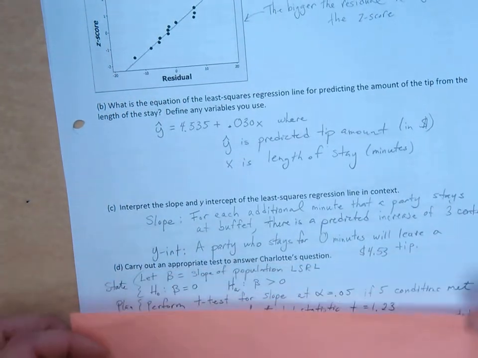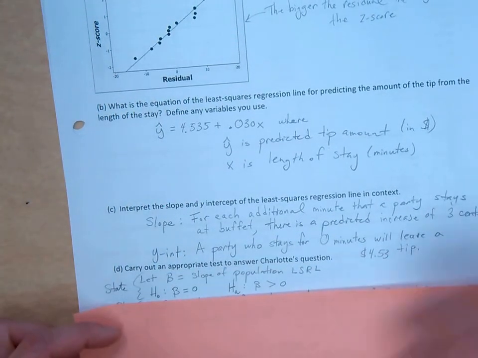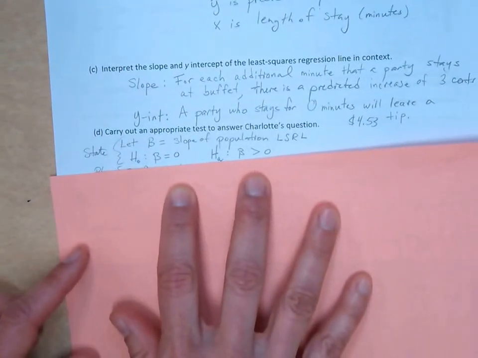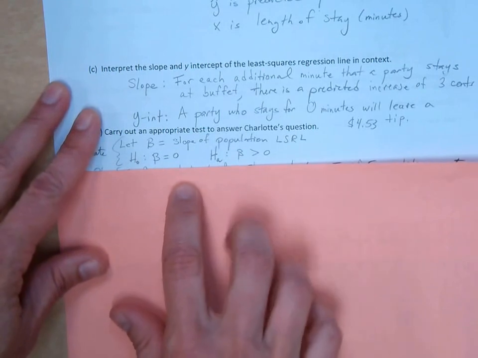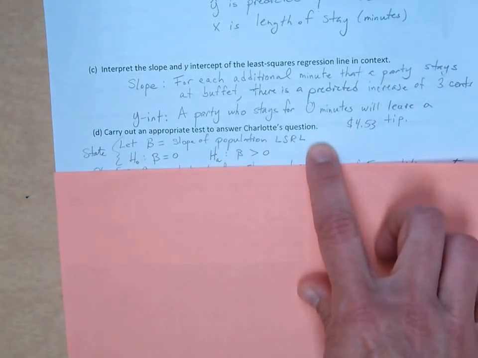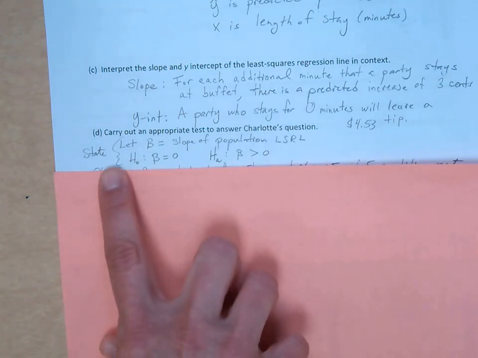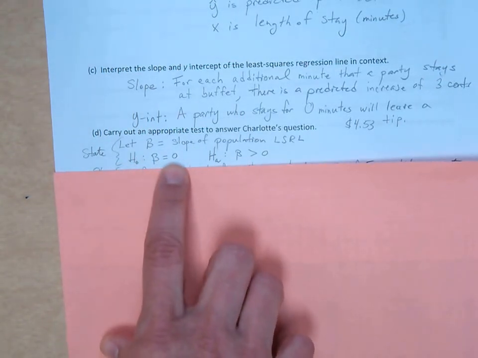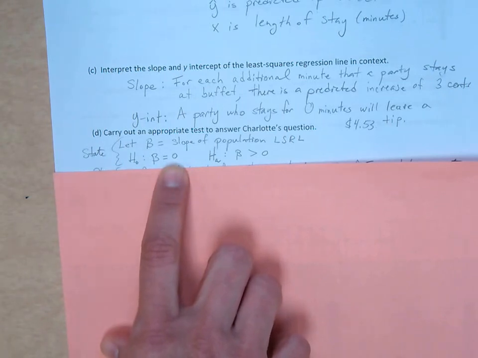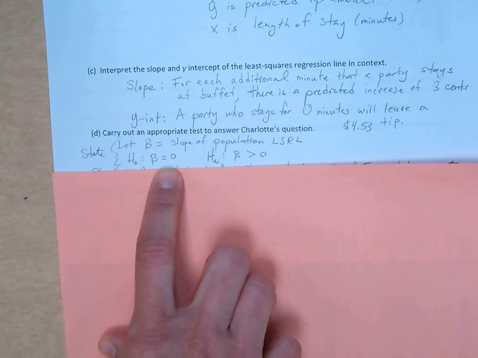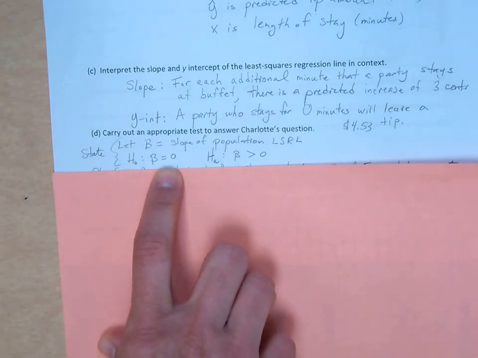Okay, so your state would be, you still want to define a variable. Beta is the slope. That's what we're looking for, the slope of the population least squares regression line. H naught is that the slope is 0. So there is no correlation between x and y if the slope is 0.